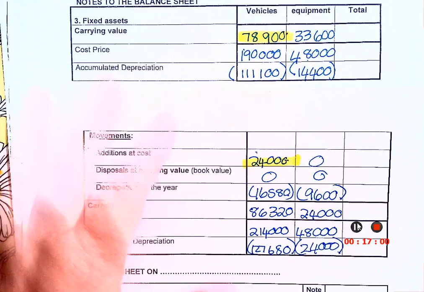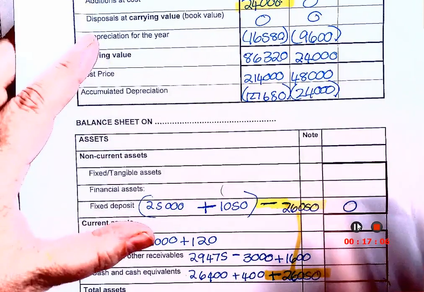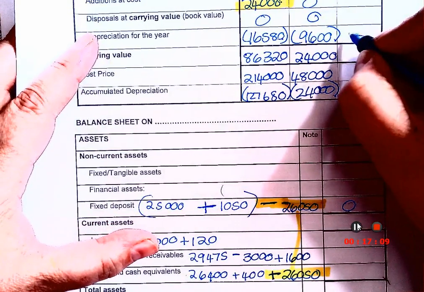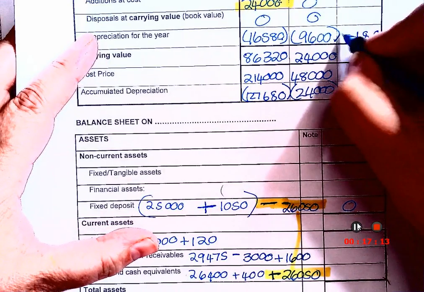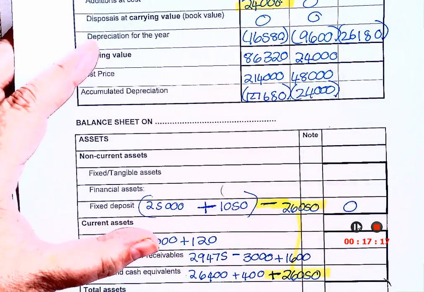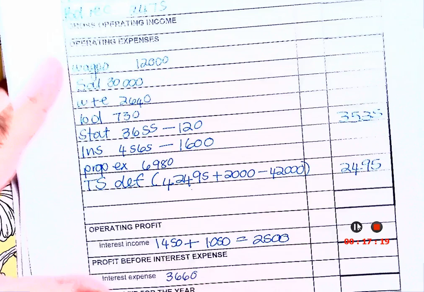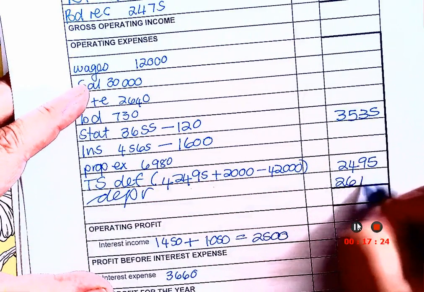Now I need the depreciation, which is 26,180. That 26,180 goes to the income statement.